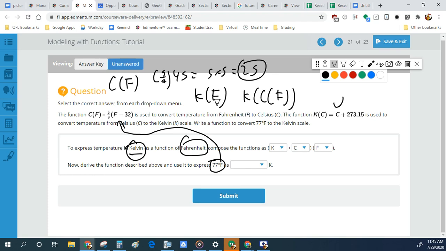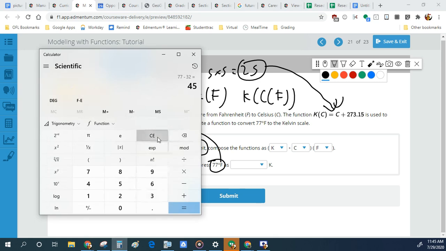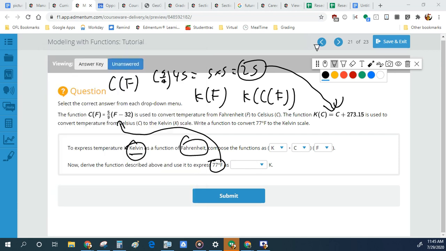So now we're going to take this 25 and put it in here. So 25 plus 273.15, we get 298.15. So our answer overall is going to be 298.15.